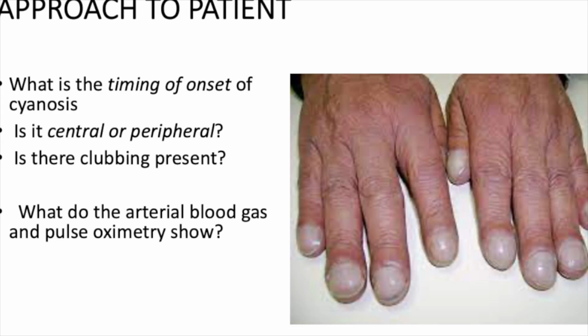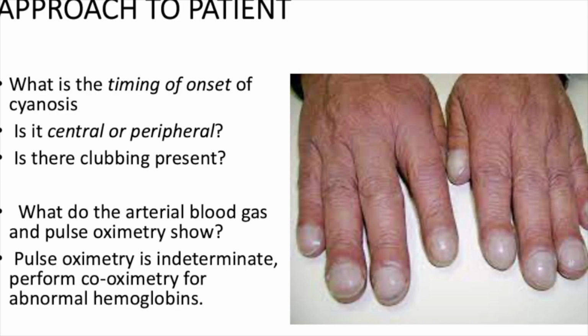Then you look at the arterial blood analysis, ABG and pulse oximetry. ABG and SpO2, that is pulse oximetry, both are low in central cyanosis. If pulse oximetry is indeterminate, perform co-oximetry to identify abnormal hemoglobins. The rest of the way how to approach a patient has been discussed earlier.